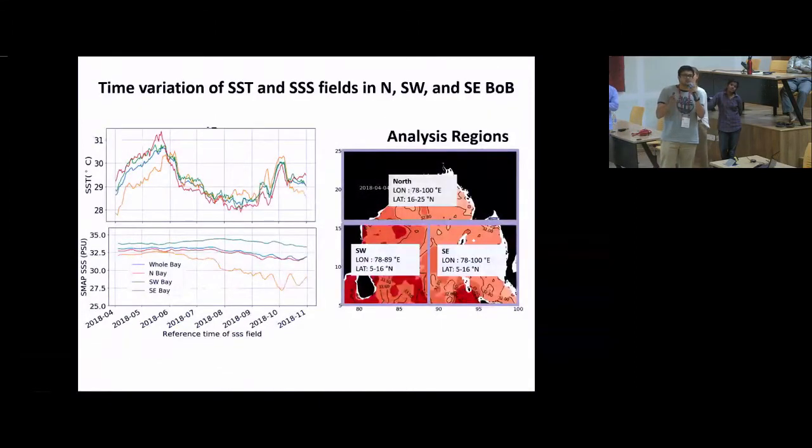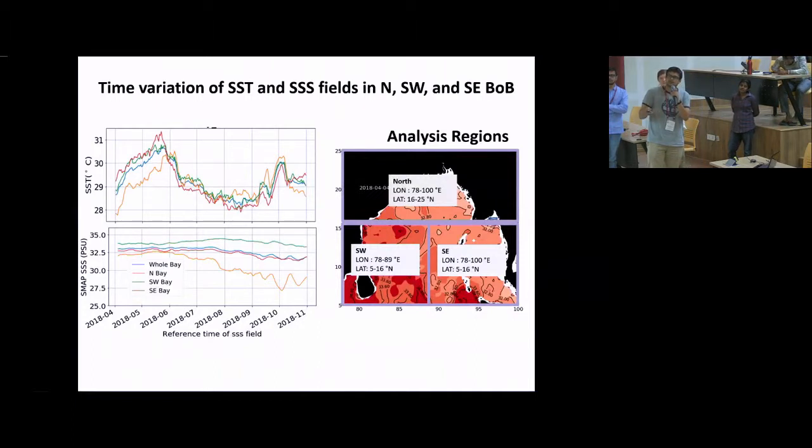So I worked in a group which looked at the satellite data products. Here you see the sea surface temperature and sea surface salinity averaged over 3 boxes that we divided the bay into: the northern, the southwest, and the southeast, as well as the whole bay.